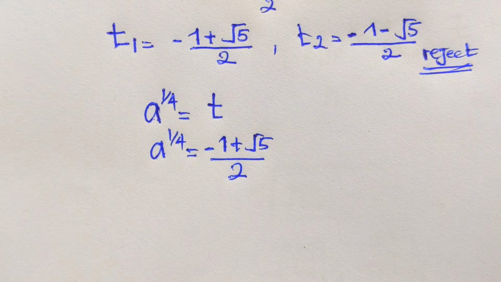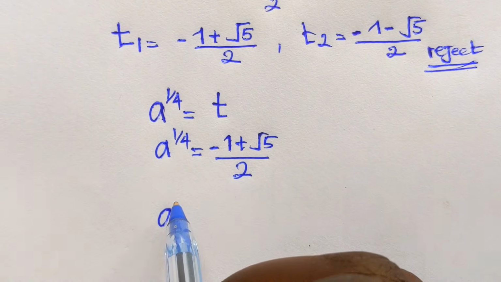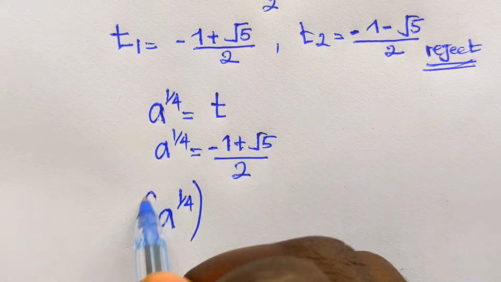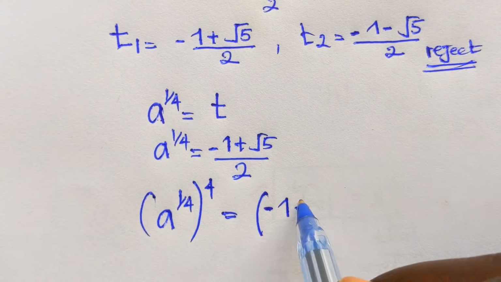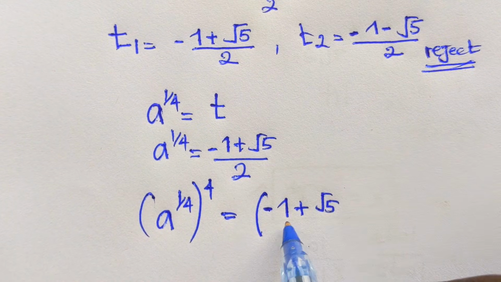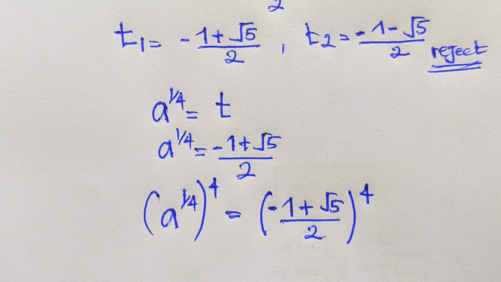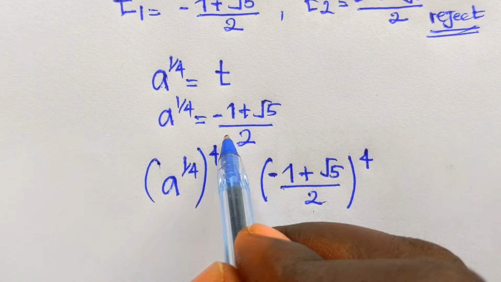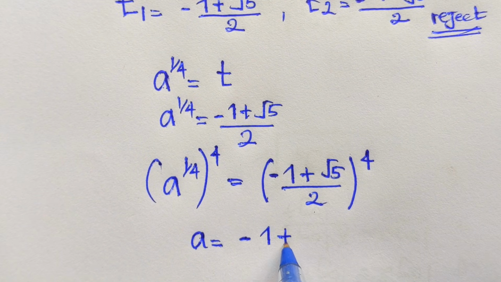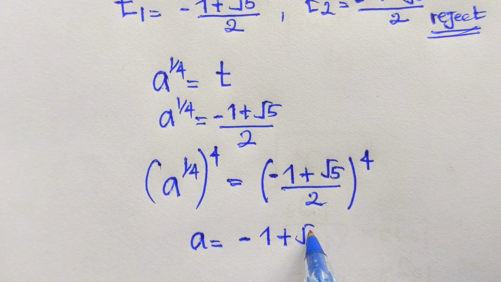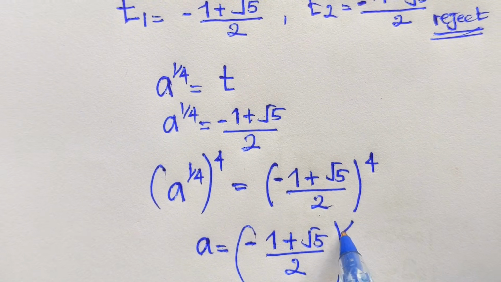At this stage, we want to remain with a only. We shall raise a power 1 over 4 to the power 4, and the other side also to the power 4, so that the powers cancel to get a, which is equal to -1 plus square root of 5 over 2, then power 4.